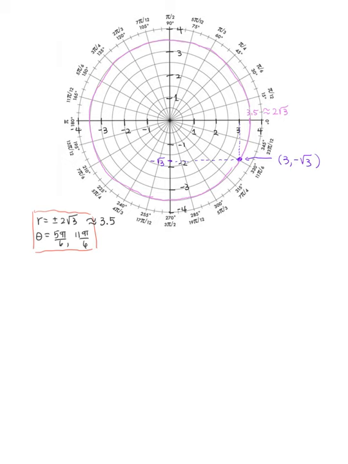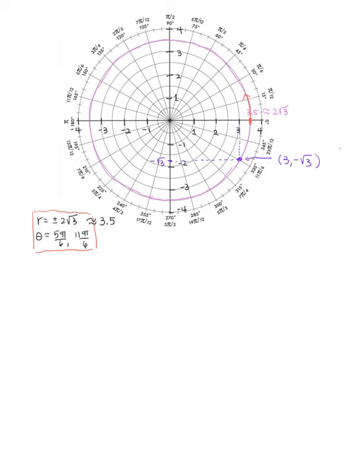So now what we need to do is this. Since our r is positive and negative 2 square root of 3, we need to determine, if I start from positive 2 square root of 3, how can I revolve around that radial line to get to our point? Since they are both positive angles, we're going to move counterclockwise. Starting from positive 2 square root of 3, I need to revolve counterclockwise this way to get to that dot.